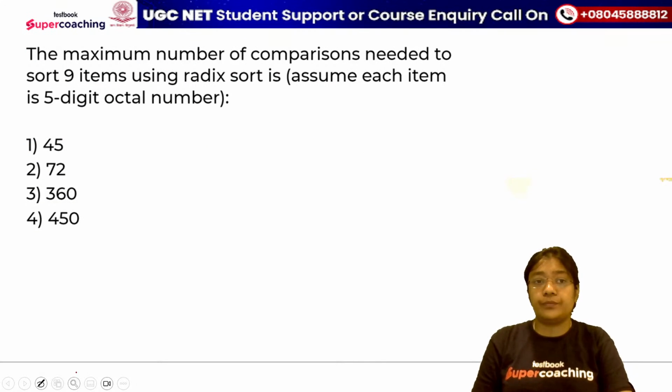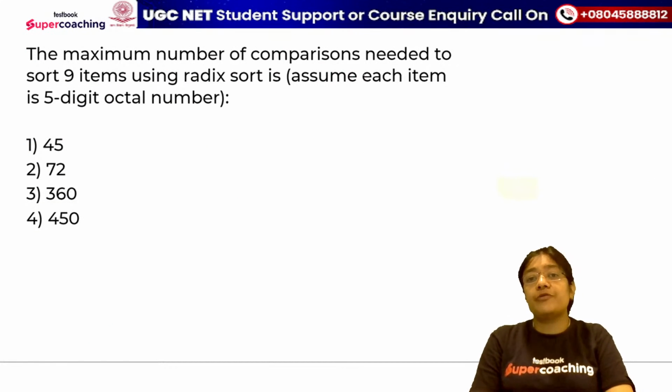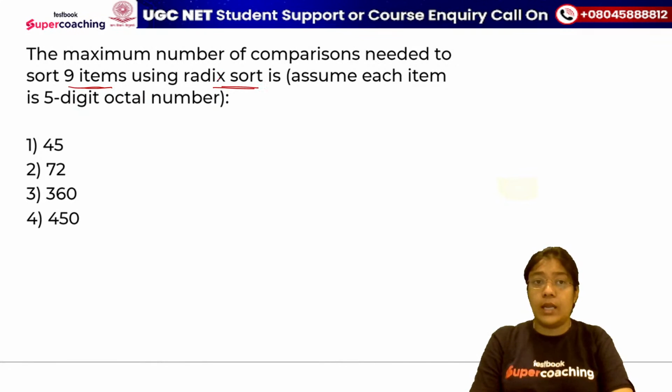Next, the maximum number of comparisons needed to sort 9 items using radix sort is. अगर हम इन elements को sort करते हैं then what will be the number of comparisons required? 9 items हैं, हर item के अंदर आपके पास 5 digits हैं and each digit is represented by the octal number. Octal number means with 8 digits.